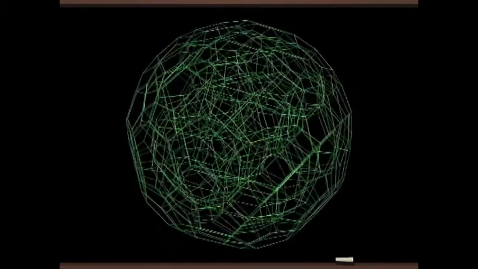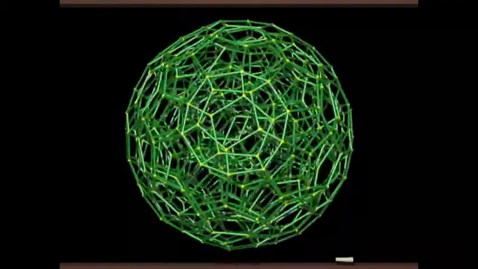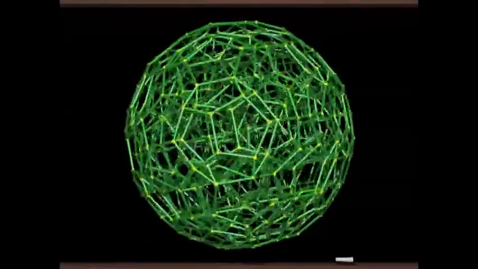Here is the shadow of the 120 cell in all its majesty. A rather complicated majesty, you have to agree.